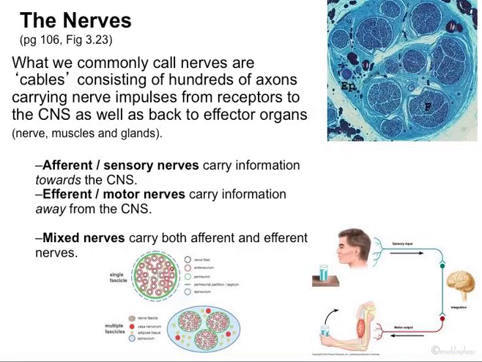And when we talk about mixed nerves, we talk about nerves that have cables that go in both directions in it. So we can describe the nerves as afferent or sensory nerves, efferent or motor nerves, as well as mixed nerves.